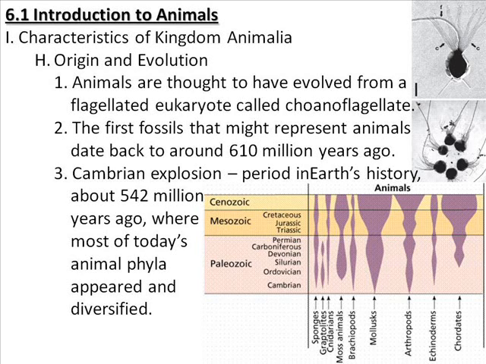Now, as for the timing of when animals originated on Earth, the fossil record suggests that animals may have originated on Earth about 610 million years ago. About 542 million years ago, there was a very interesting occurrence on planet Earth. Many scientists call this the Cambrian explosion.